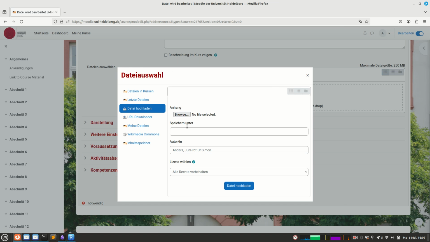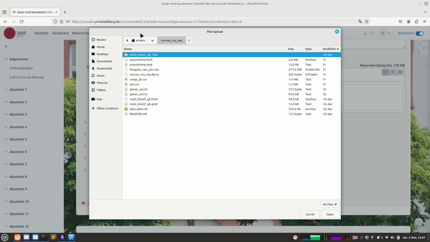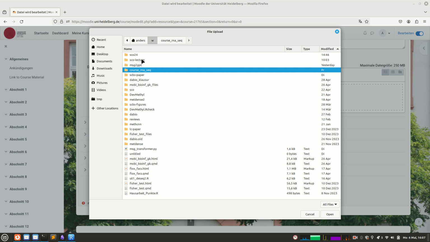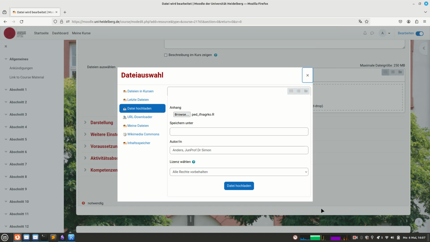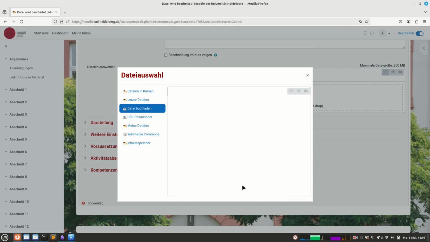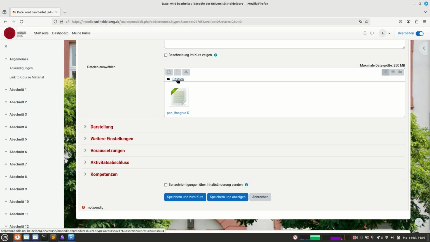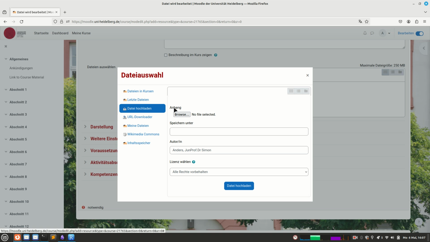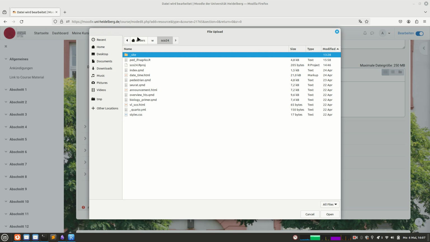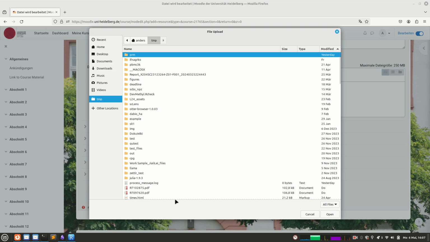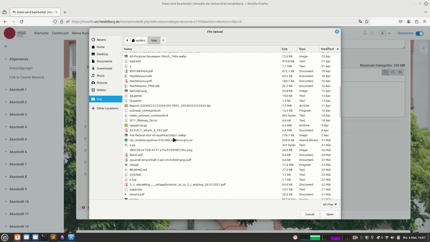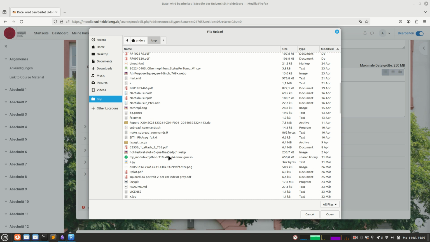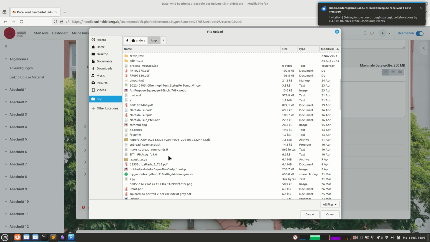Upload, browse, that's this one here, open. And maybe I also try to upload the rows. The email I used last time, sorry, I should have done this before, but today was a bit hectic.